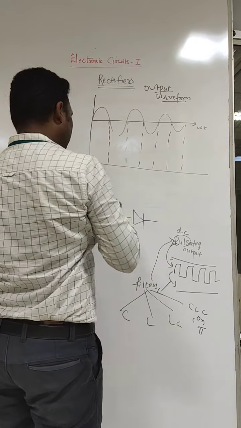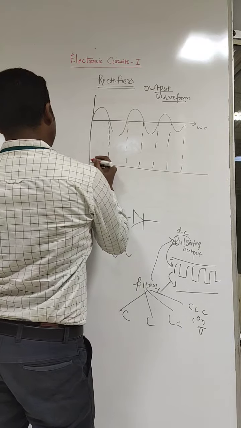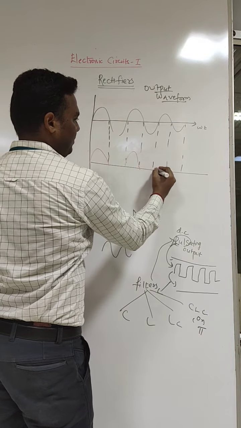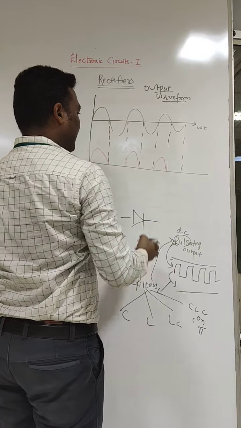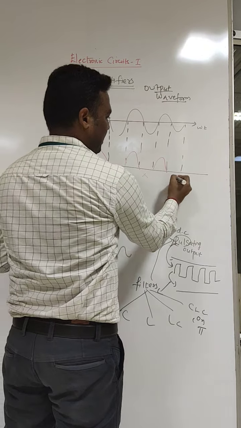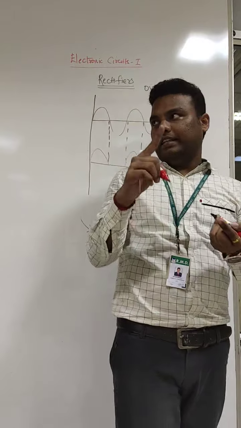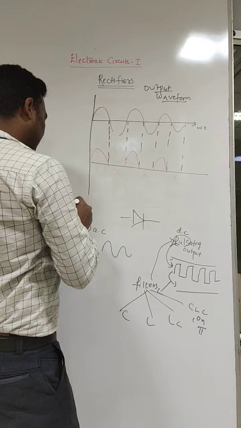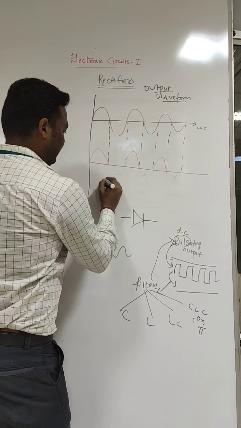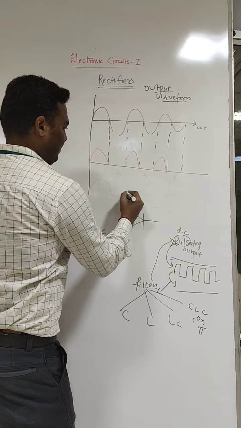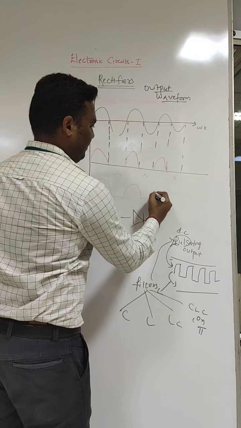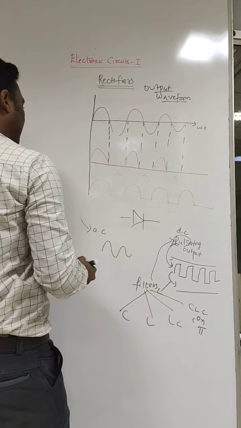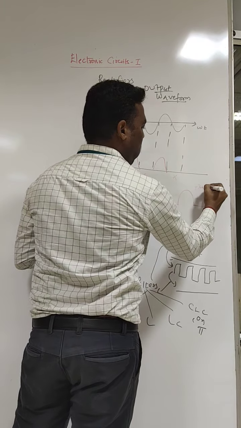It will pass only the positive cycle, because the diode conducts only in the positive cycle. So what is the final output? You will get only this. This is the output waveform for the half wave rectifier.